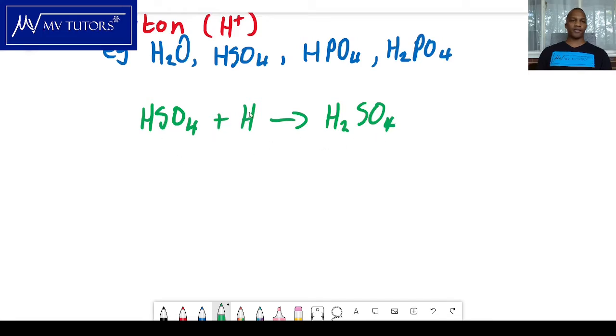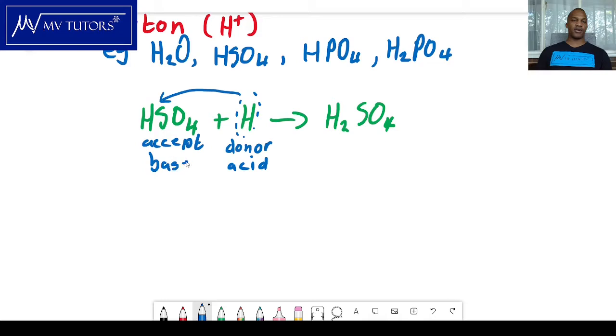So what happened? This H here was donated over here so that it becomes H2SO4. So this is the donor, so this must be the acid because it donated, and this is the acceptor, so this must be the base. You can clearly see HSO4 is a base in this instance.